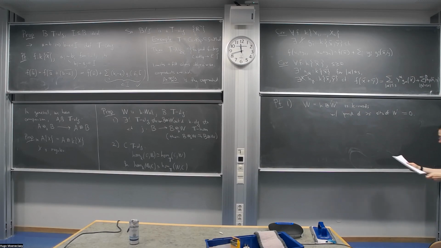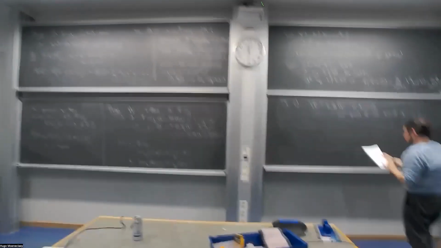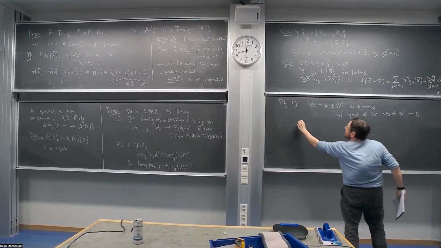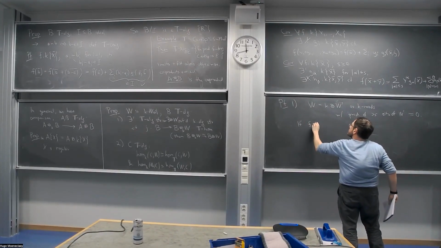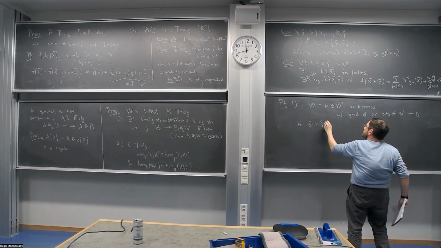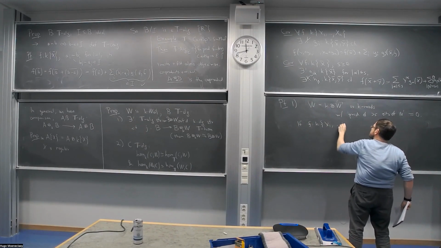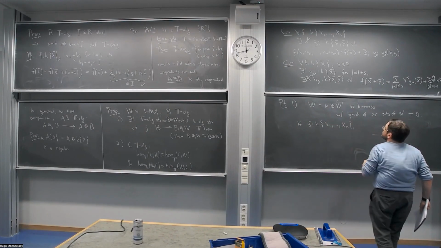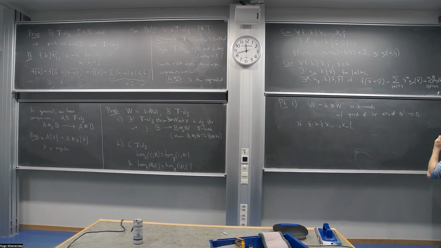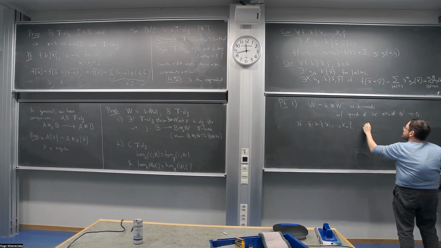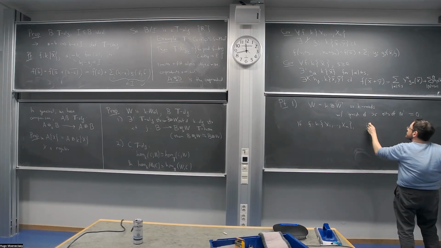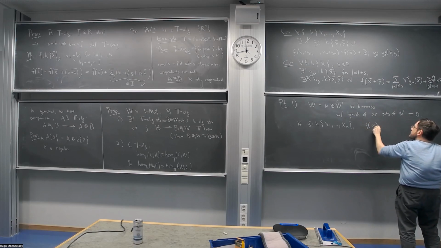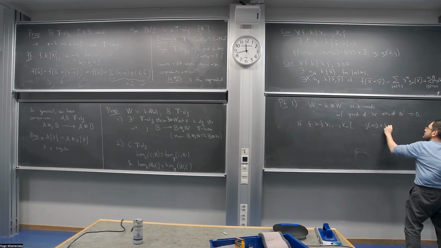So what do we want to do? We want to say, if F is an operation of arity n, and we have some elements J of A_i, B_i.